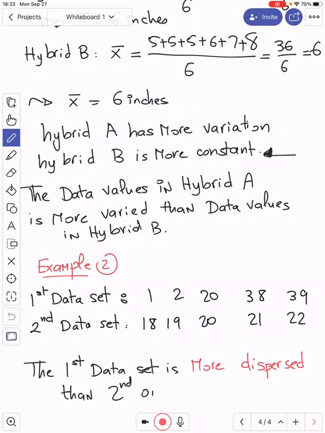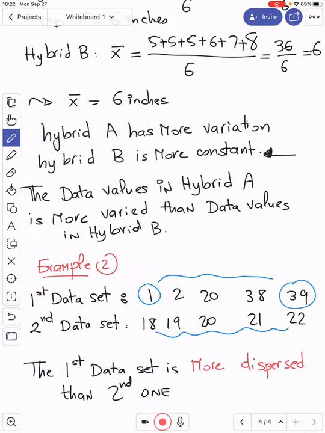That's because, as you can see, for the first data set, the difference between the smallest and the largest data values is 39 minus 1, that would be 38, right? In the second data set, the difference between the largest value and the smallest value is just 22 minus 18, that will be 4, right?